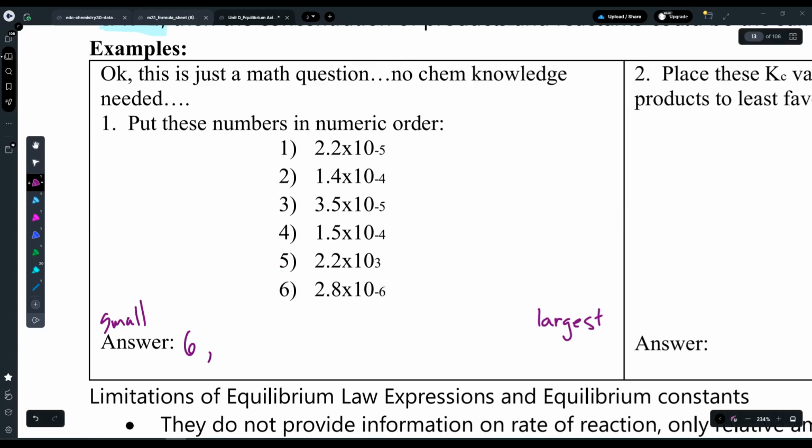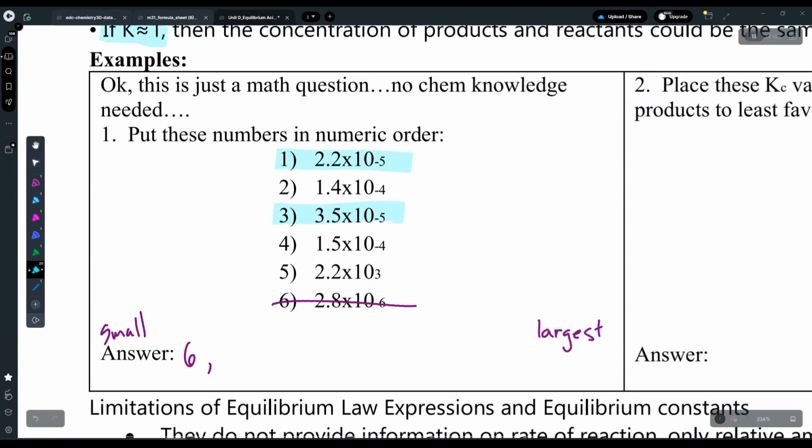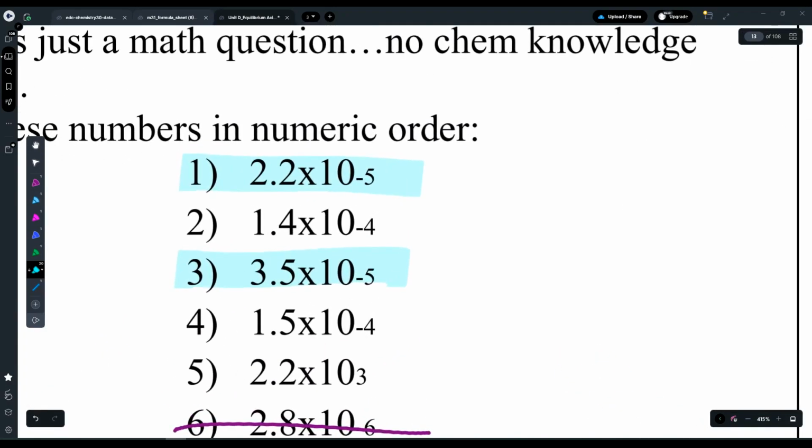Okay, so moving on here, we're going to look for the next smallest number. That's our times 10 to the negative 5 values. Because they have the same exponent, we have to move on to comparing the numbers in front of the times 10. So we're comparing 2.2 versus 3.5.